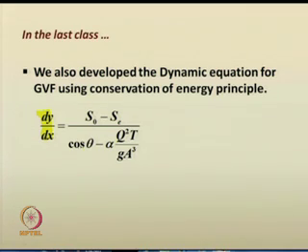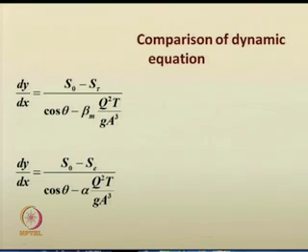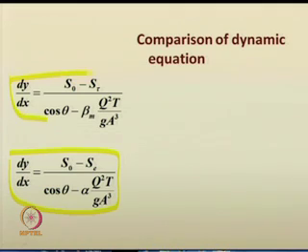So, this shows how the dynamic equation differs in the energy as well as momentum equations. If you apply it in the energy equation, it will look like this. If you apply it in the momentum equation, it will look like this.